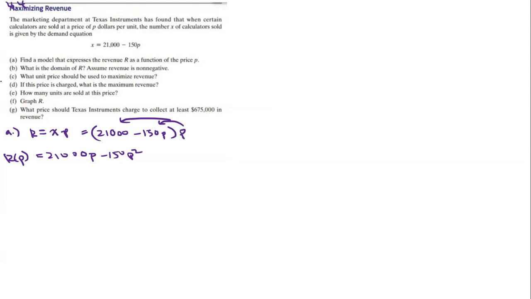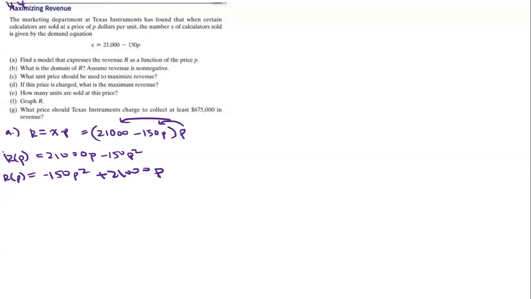Now I'm going to rewrite this, because I want the leading term to be the P squared. So I'm going to rewrite this as R of P equals negative 150 P squared plus 21,000 P.